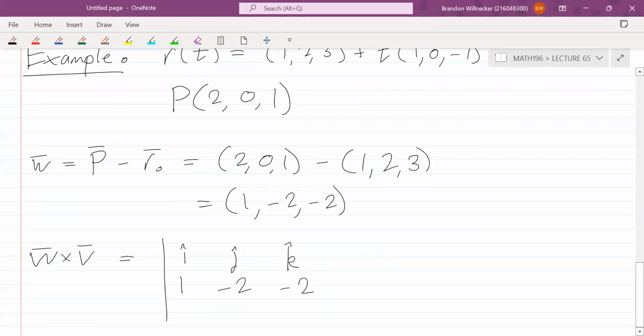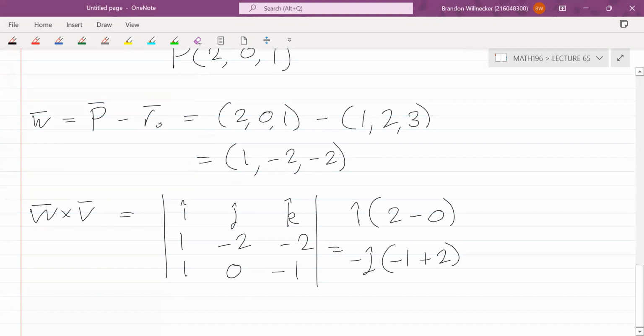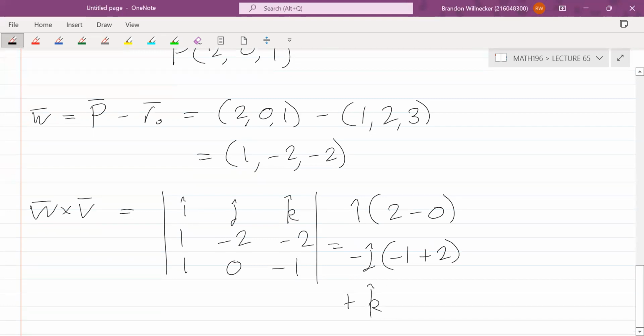That's (1, 0, minus 1). Now we need to do the cross product. So we start with i, and we're going to get 2 minus 0. Minus j, we're going to get minus 1 plus 2. And plus k, we're going to get 0 plus 2.